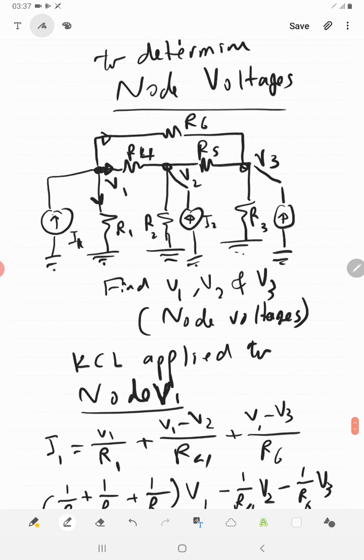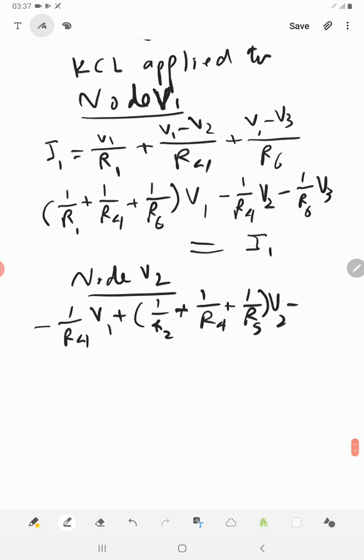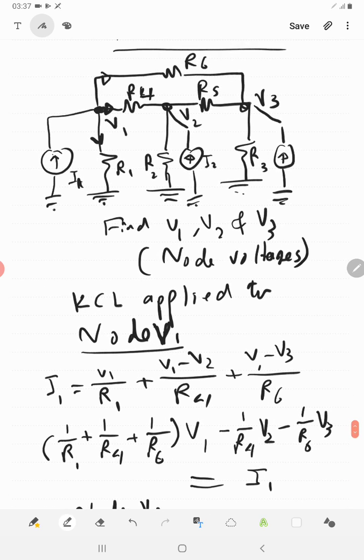Now V3 is what? It's connected through R5, so minus 1 over R5 times V3 is equal to I2, because I2 is injected into that node.